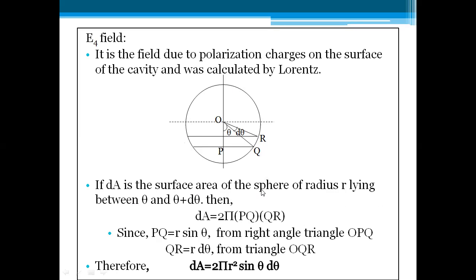If dA is the surface area of the sphere of radius r lying between theta and theta plus d theta, then dA can be written as 2 pi times PQ times QR. PQ is nothing but r sine theta from the right angle triangle, and QR is equal to r d theta from the right angle triangle OQR. Substituting both of them gives the small surface area, 2 pi r square sine theta d theta.